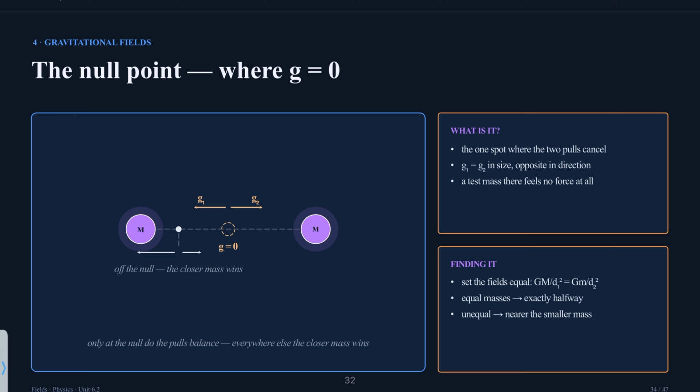This mass wants to pull this mass towards it, so it gives it an acceleration of G2. This mass also wants to pull this mass towards it, giving it an acceleration of G1. So both masses are conflicted, and since they're both the same mass, big M, at the same distance away, they cancel at that point. So they don't get pulled. That's the null point, when there's no force of gravity acting on you.